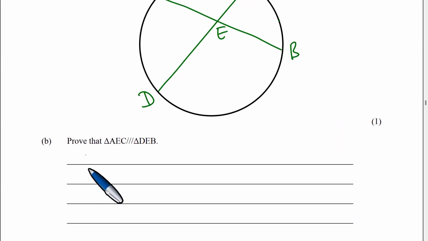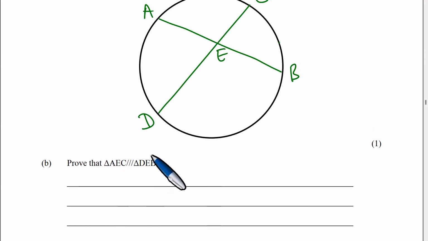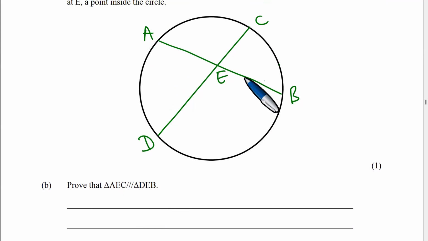Right, next we need to prove that triangle AEC is similar to triangle DEB.